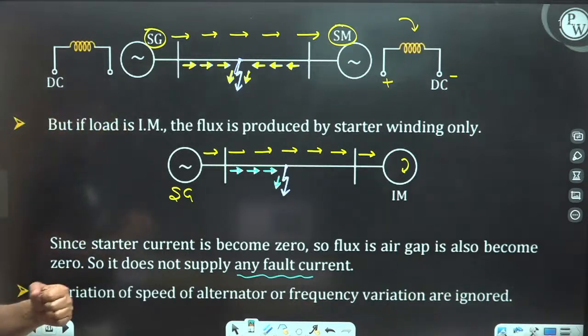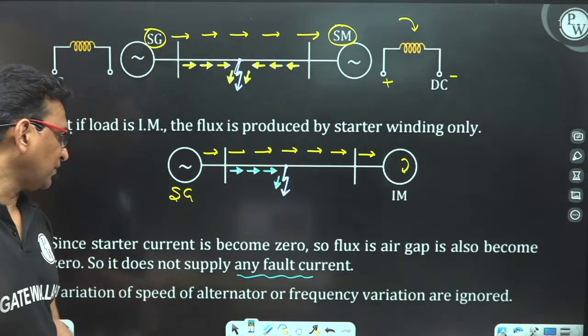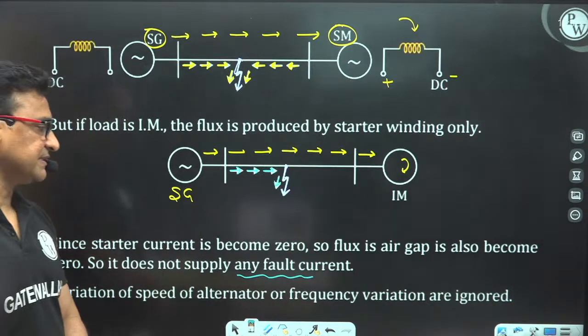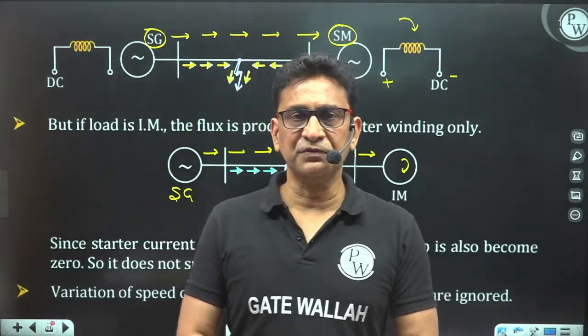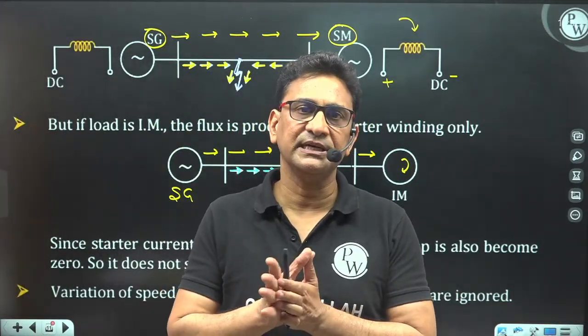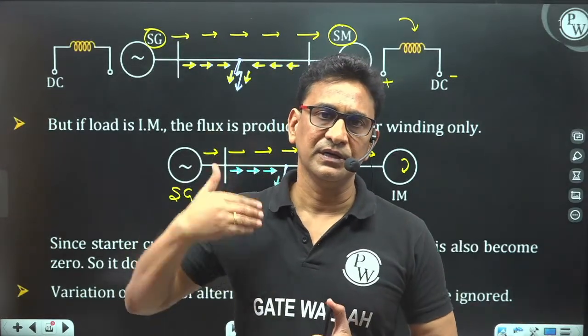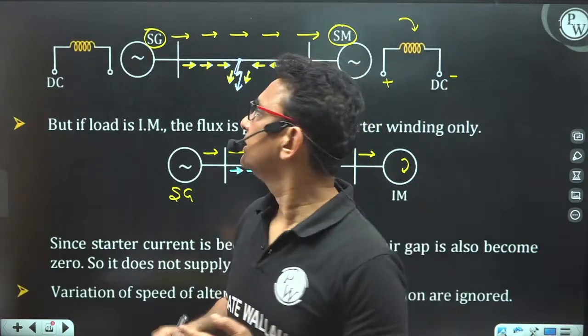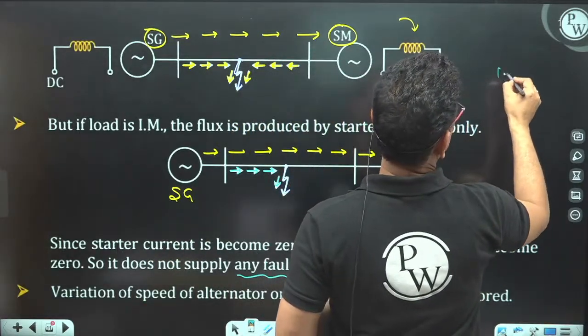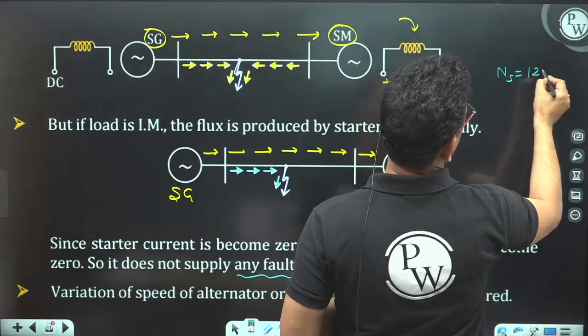Now one more thing, variation of speed of the alternator or frequency variation are ignored. We all know the frequency of the power system basically depends upon the speed of the rotor of our alternator or synchronous generator, because we know that Ns is 120 f upon P.